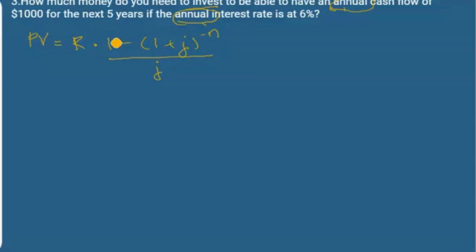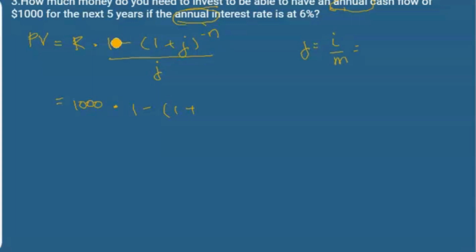So we have R, the regular payment of $1,000, times 1 minus (1 plus j). J is equal to i over m.